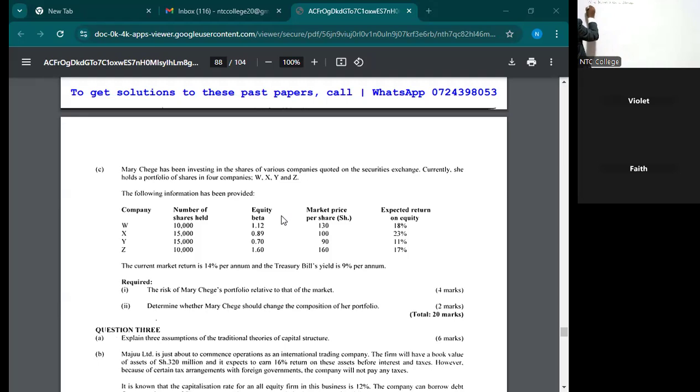And then we have X. We have 15 point times 100. Then we have Y. 15 times 90. So I can't calculate 15 times 90.